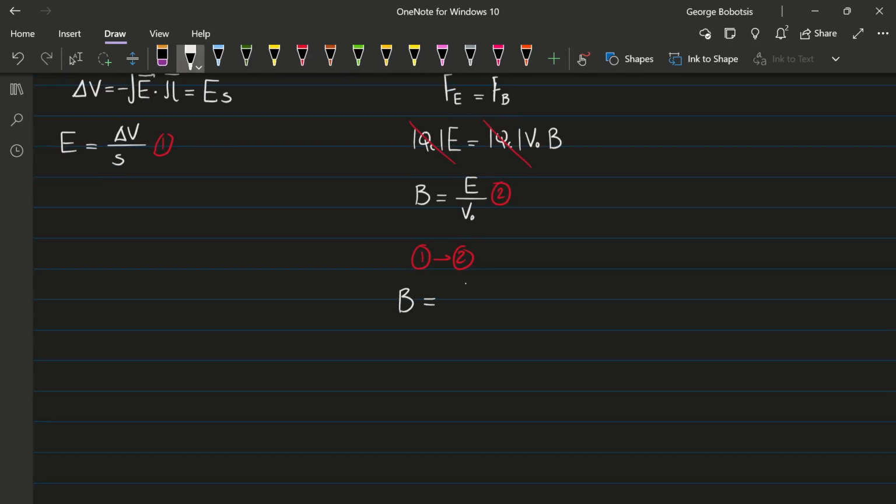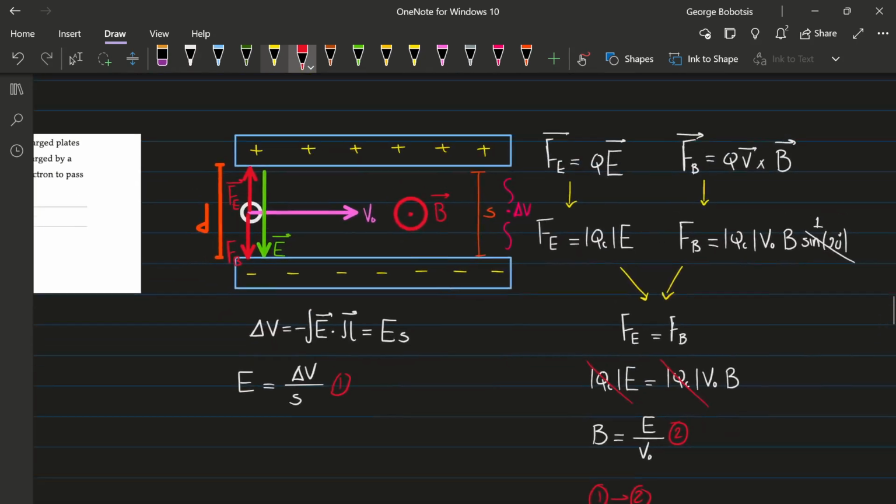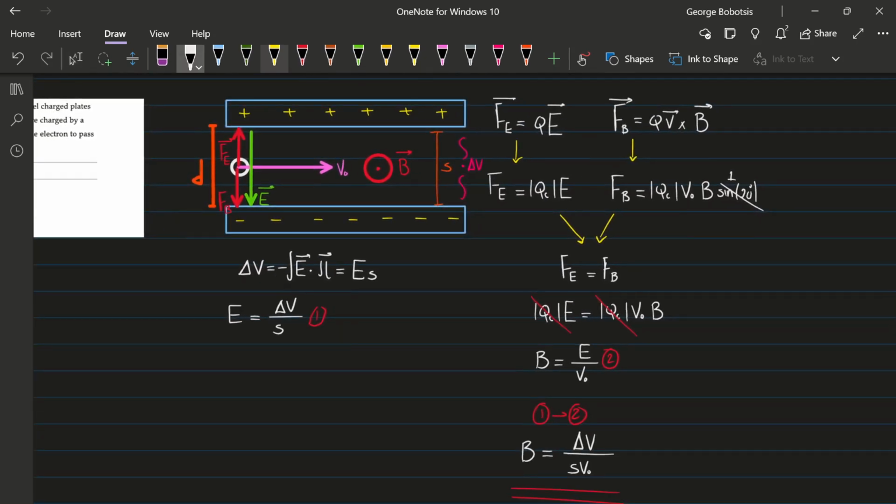What do you guys think? Seems okay, right? Balancing again electric force versus magnetic force. And electric force comes from Q times E, magnetic force from this cross product.